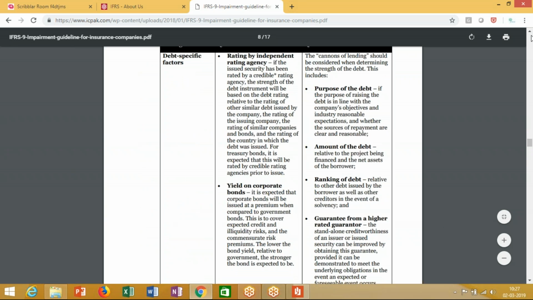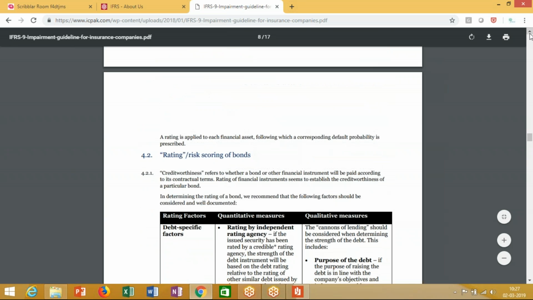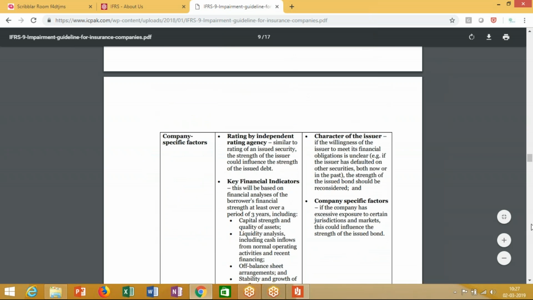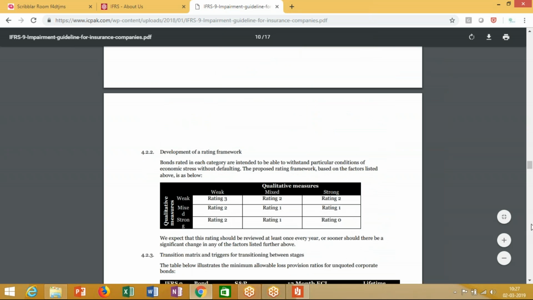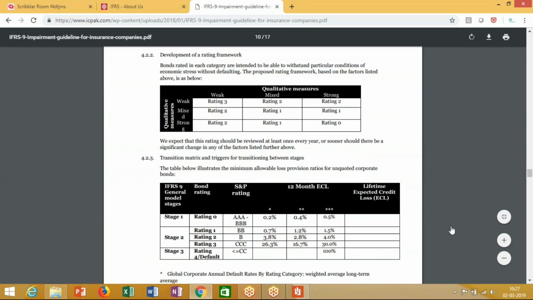Now this is something important, because here you get to see the rating and risk scoring of bonds. How are bonds risk scored? What are the quantitative measures? What are the qualitative measures? Based on that, you'll also get an idea of which bonds fall under IFRS 9 and which do not.